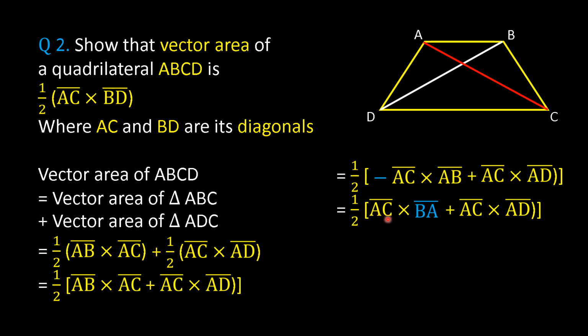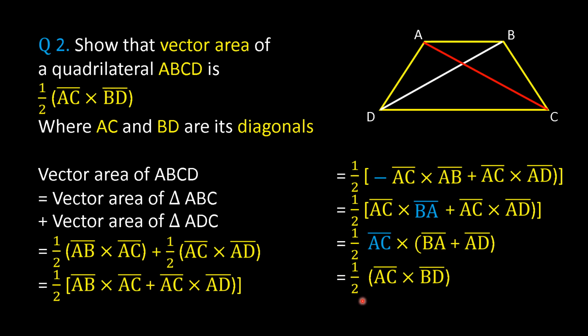Now we can take AC bar as a common factor and write half times AC bar cross (BA bar plus AD bar). But BA bar plus AD bar is nothing but BD bar. So we write half times AC bar cross BD bar. Therefore, the vector area of quadrilateral ABCD is half times AC bar cross BD bar. Hence the proof.